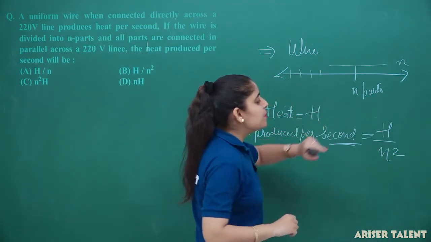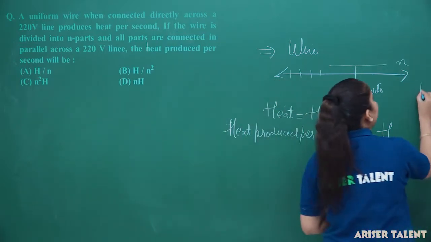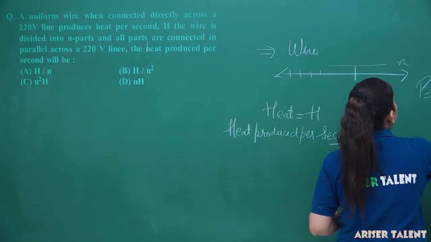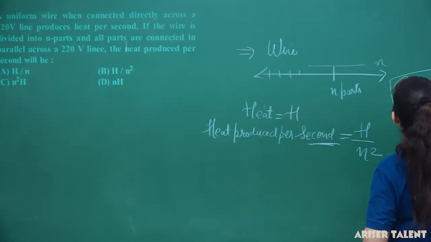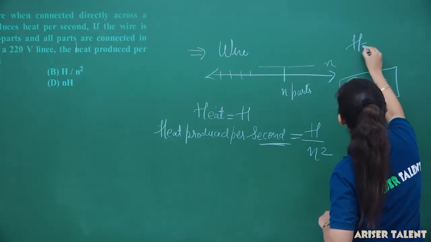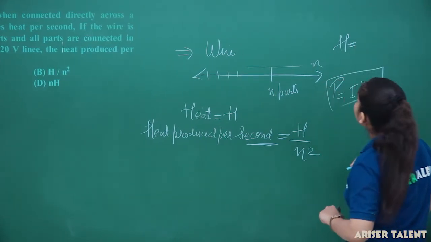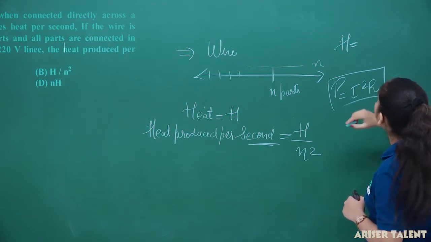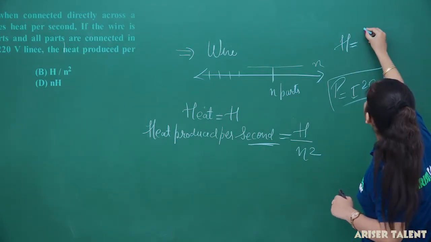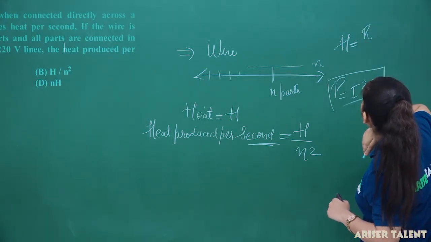It means it must be divided by n square, because for calculating the power we have a formula that is equal to I square R. This is a formula for power, and for calculating the heat of a system according to the heating effect of electric current, it is dependent upon the following factors. It must be dependent upon R, the resistance of the circuit.